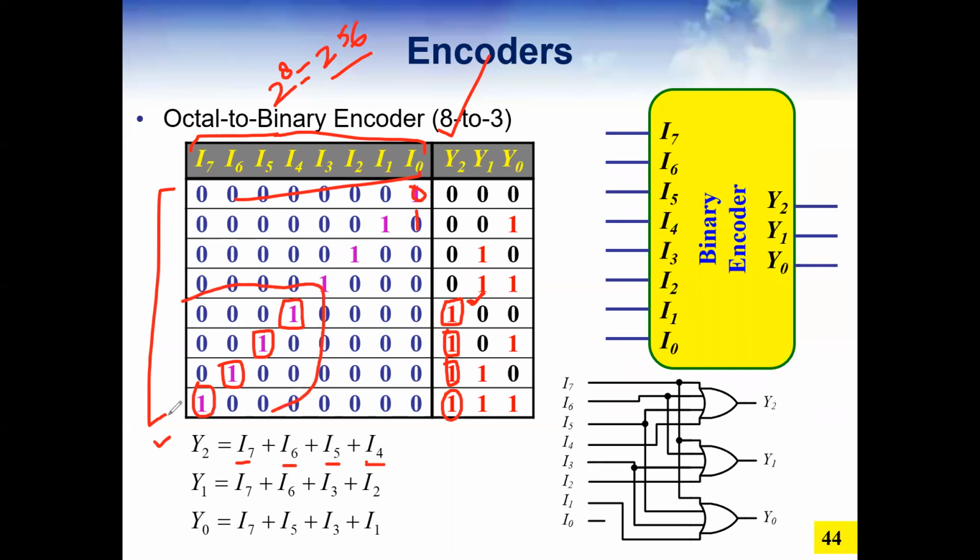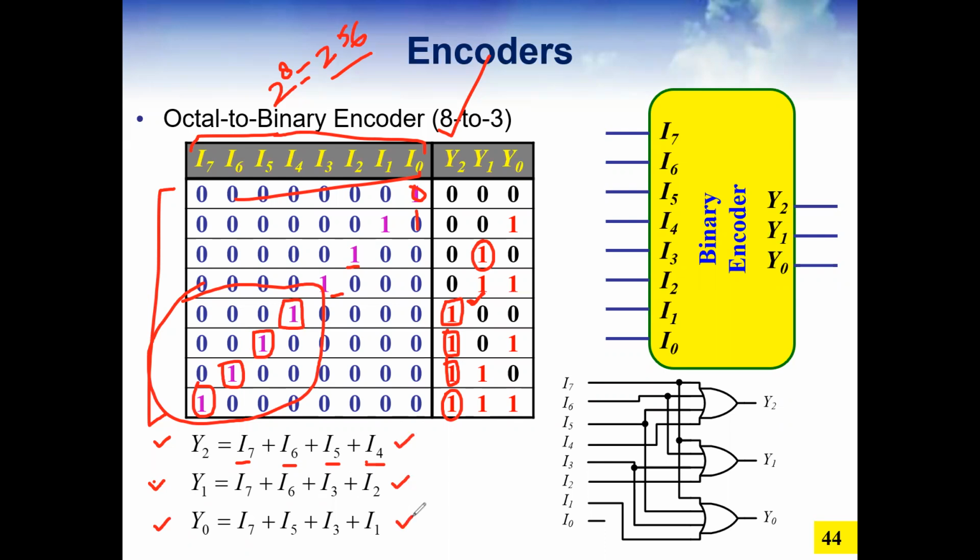Yes. Okay, this is what we are saying. Similarly, you can check for Y1. Y1 will be high if I2 is high, I3 is high, like that, and you can find it. So in terms of inputs, this logic is OR logic.